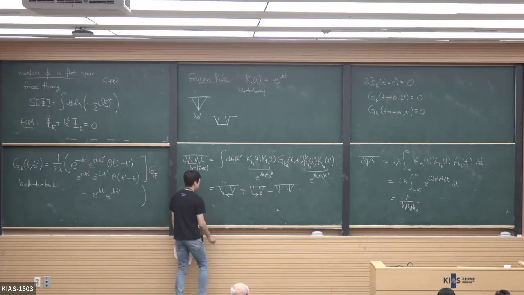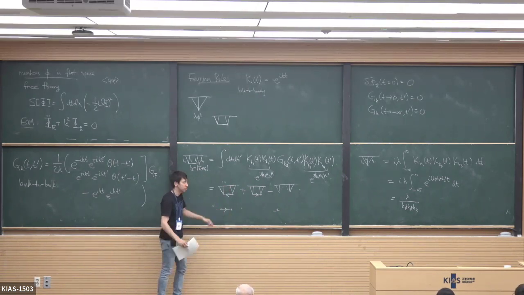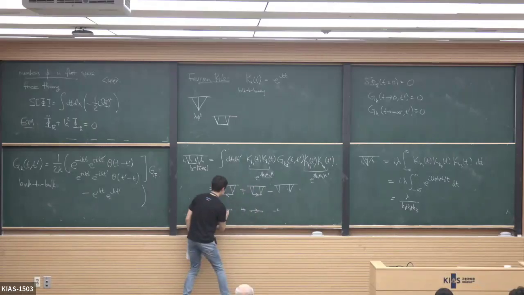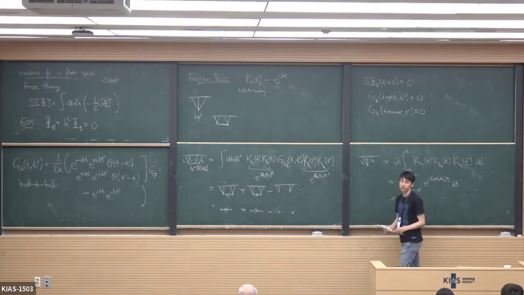Let me simplify our lives by just truncating the external lines and denoting this by these graphs like this. Going the other way, and the last term, let me denote it by a dashed line like this.